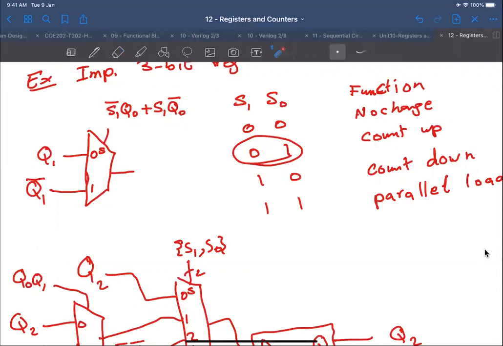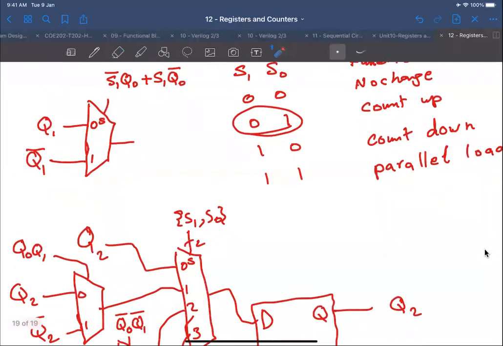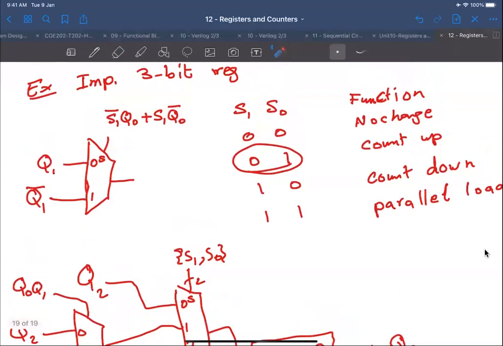Of course, you will not select this line in the 4-to-1 multiplexer unless your S1 S0 is 0, 1 or 1, 0. In other cases, for example 0, 0 or 1, 1, this will be a don't care. We don't care about this. Any question? Okay, let me stop here.